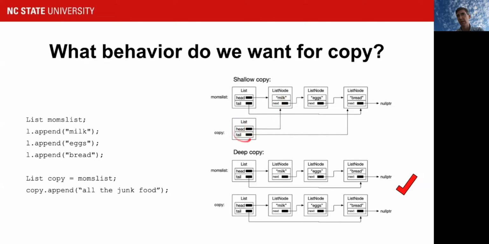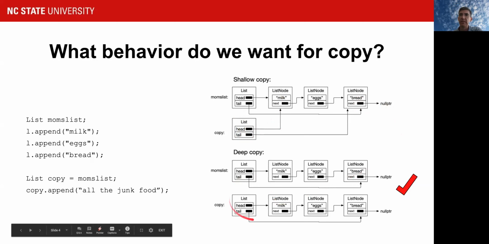So if I then used copy to append to this list, it's going to modify bread to point to all the junk food that I just added. And actually, it also creates some subtle bugs in the process. And that would be bad, right? This shallow copy would actually be quite bad. This is not what I want. When I make a copy of the list, I want it to be my own unique list.